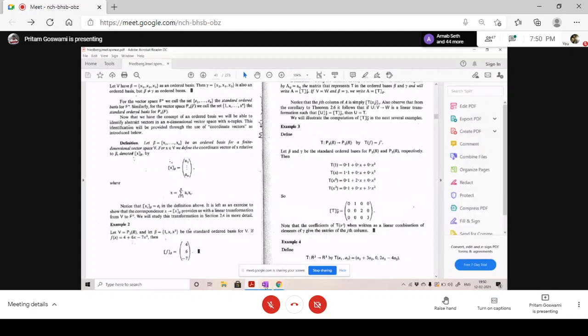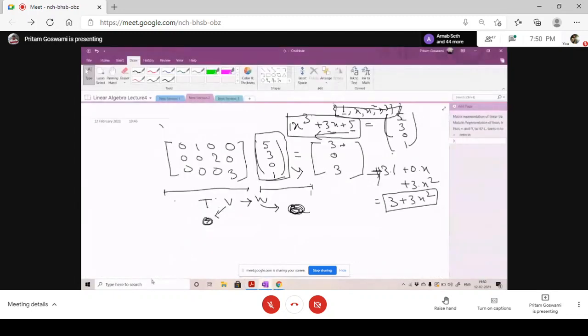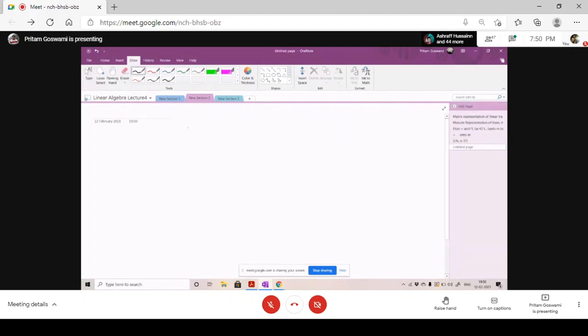Also, if there are two linear transformations, T and say U, and A represents the matrix of T and B represents the matrix of U, then the matrix of T plus U will be just A plus B. Also, T is a linear transformation and A is a scalar from F, the field.